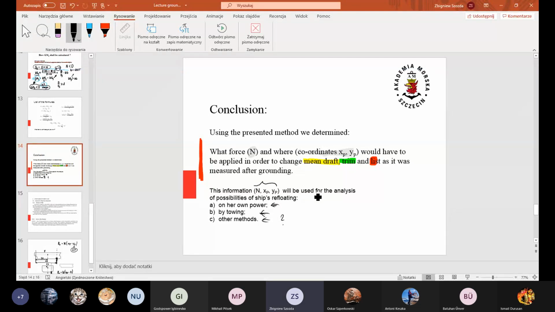What to do to refloat the ship after grounding. If you want to address such a problem, first of all, you need to calculate the force and you need to calculate the point of action. So it will be the next step for the next lectures.